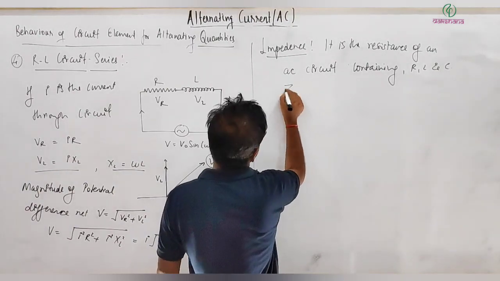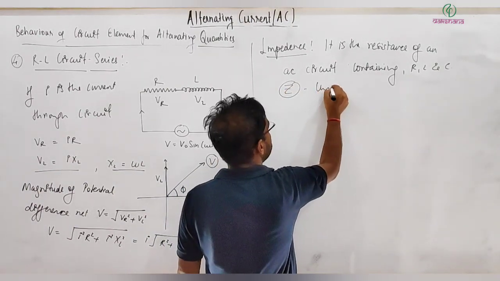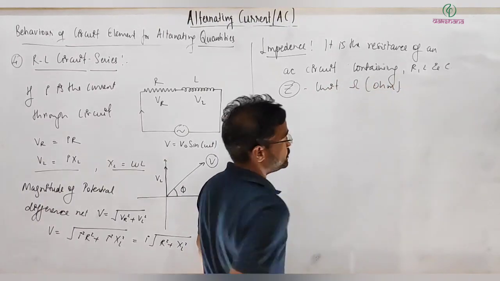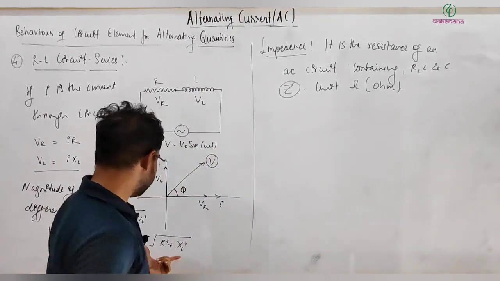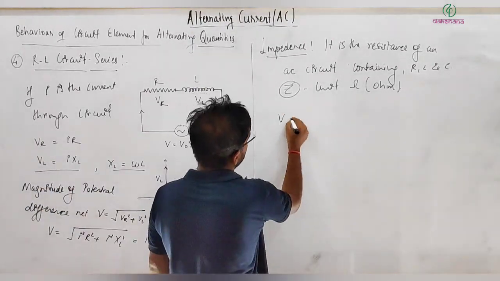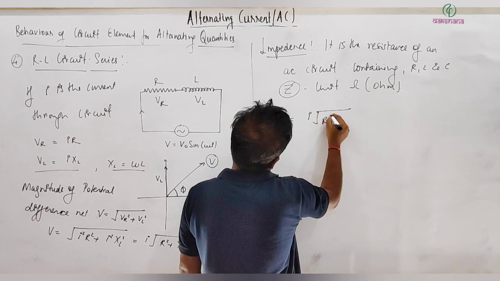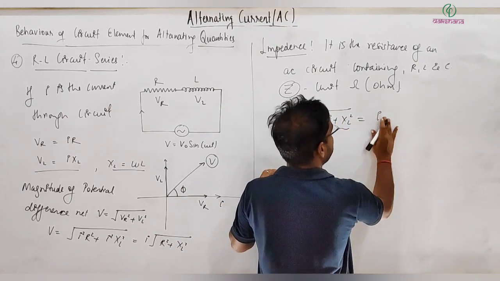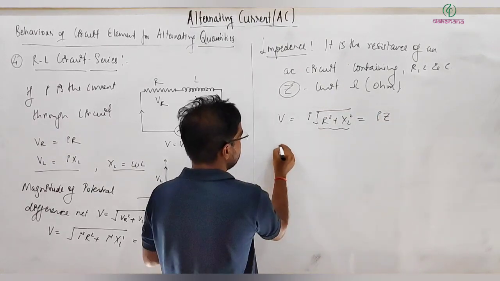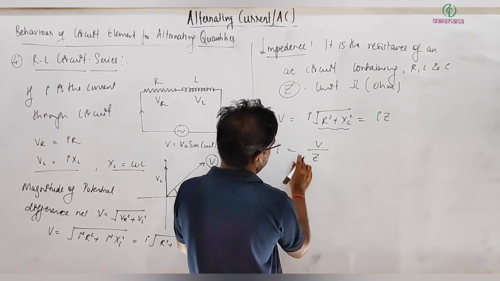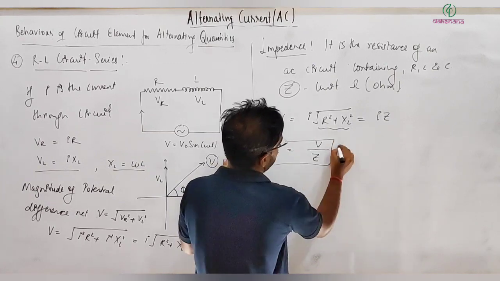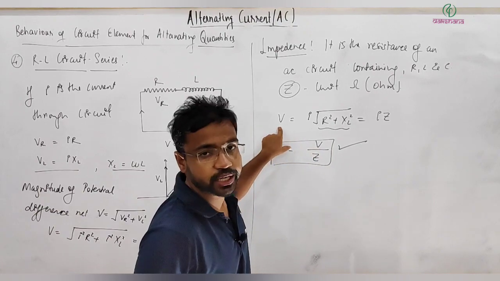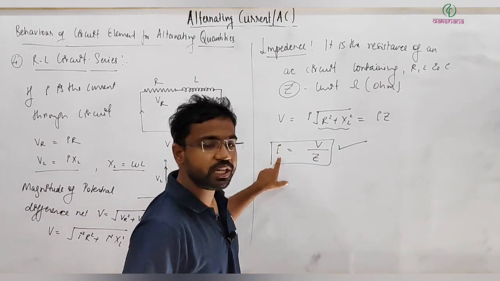It's denoted by Z, and its unit is also ohm. So here I can write V is equal to I times under root R square plus XL square, and this quantity I will write as I times Z, where Z is your impedance, so I am getting I equal to V divided by Z. Here V is the magnitude, so this will give you the peak value of the current.